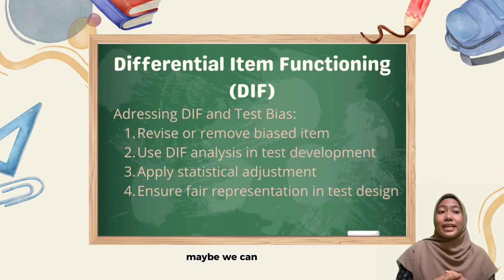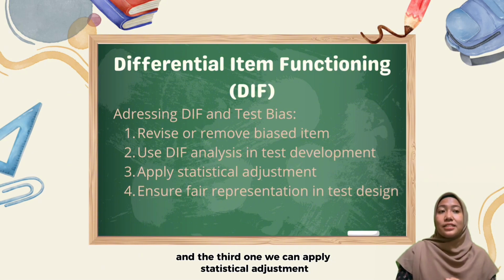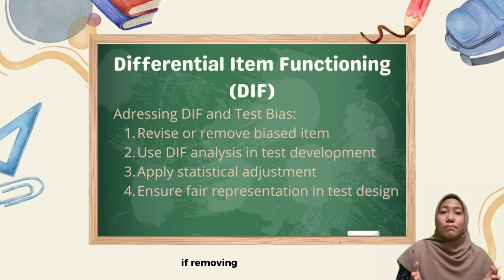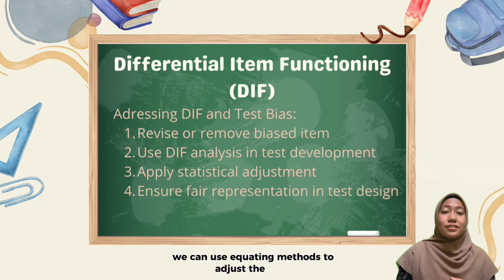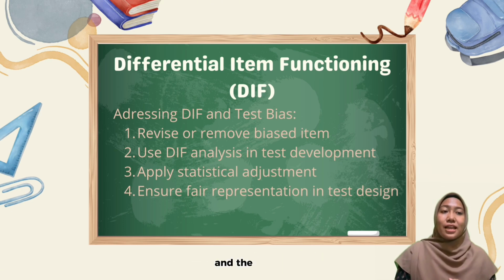So, maybe we can conduct DIF checks during pilot testing. And the third one, we can apply statistical adjustment. If removing an item isn't feasible, we can use equating methods to adjust the score. And the last one, ensure fair representation in test design. It includes diverse experts in test construction.